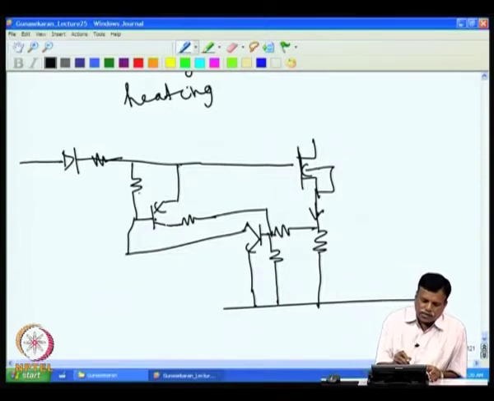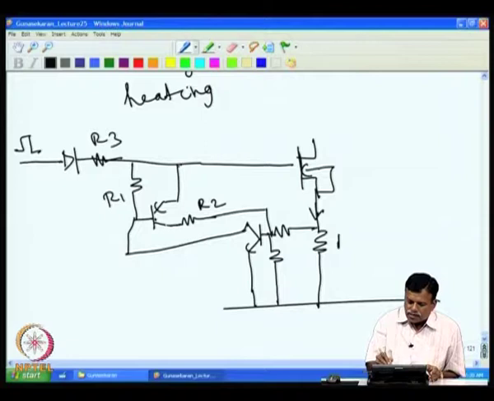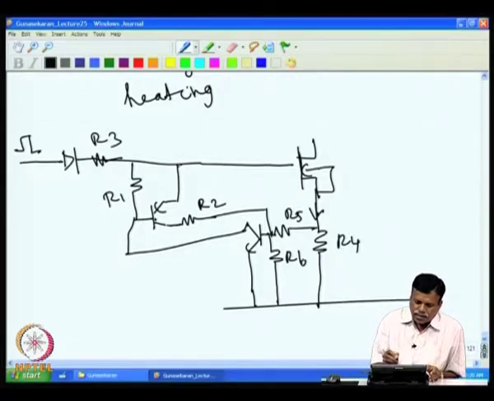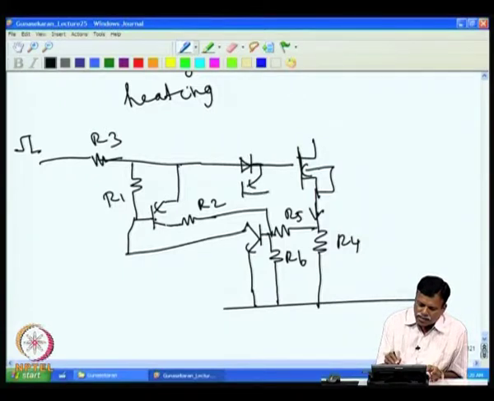So, essentially I will name it now R1, you have R2 and this is R3, this is the incoming pulse that is coming here, and this is R4, R5, R6. Then we will have the input pulse, and then we will have a regular switching off mechanism that is there here.